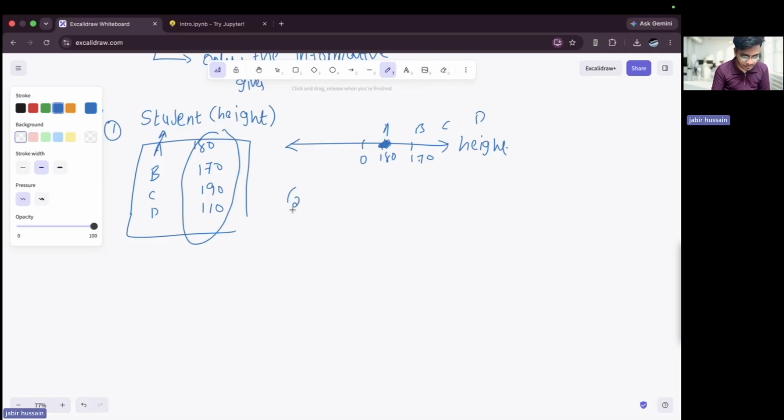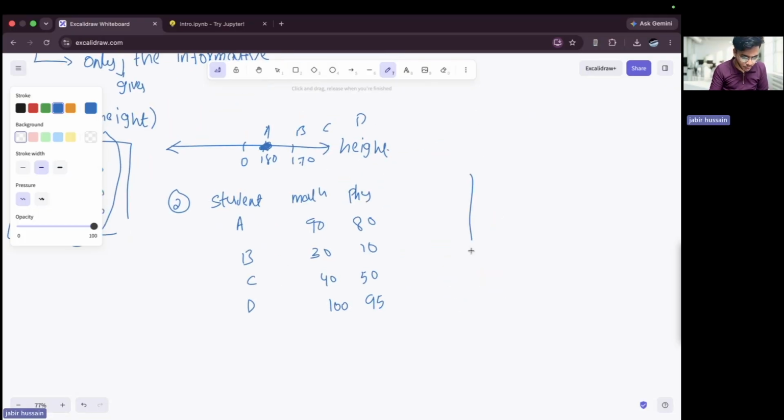Now just imagine that we have students' marks. I'm taking another example: I have student data, and here I'm going to store math marks and physics marks, two things for now. Let's say student A has 90 and 80 marks, student B 30 and 10, student C 40 and 50, and student D 100 and 95.